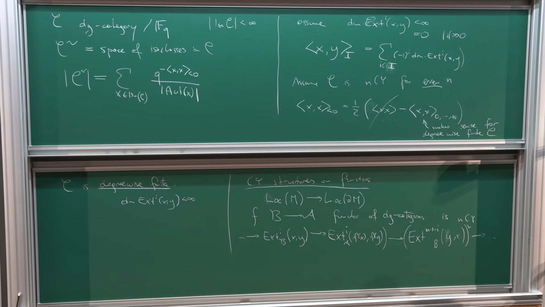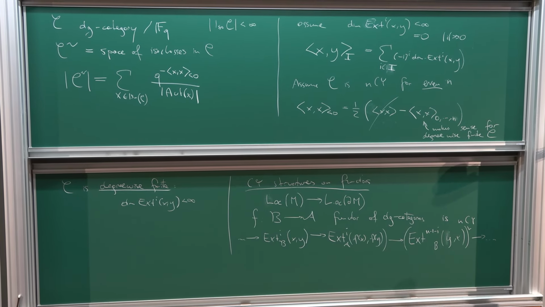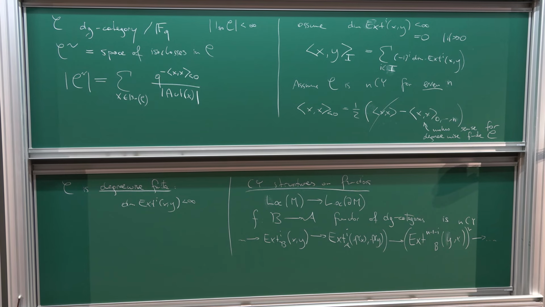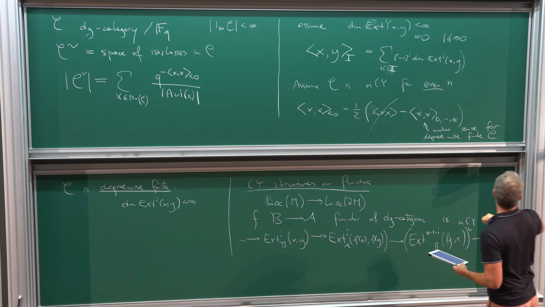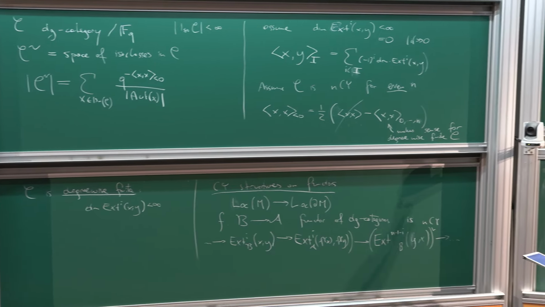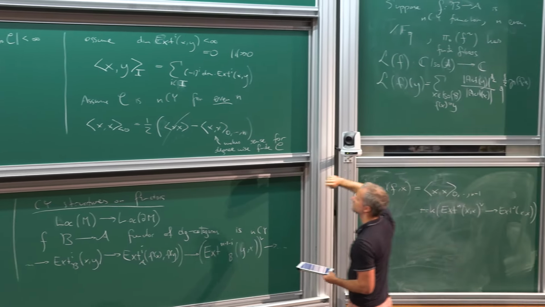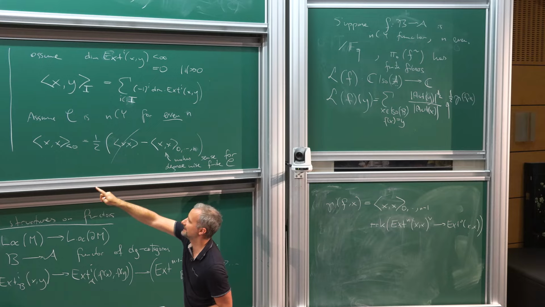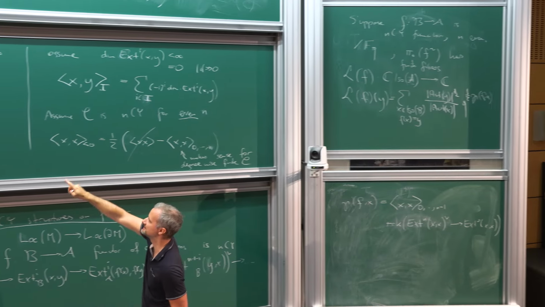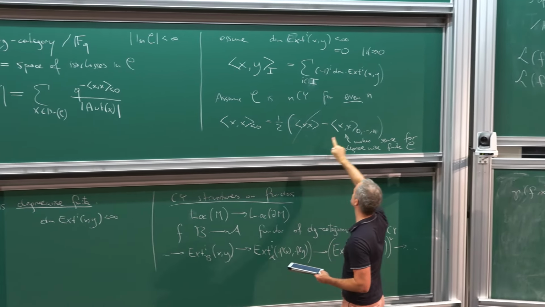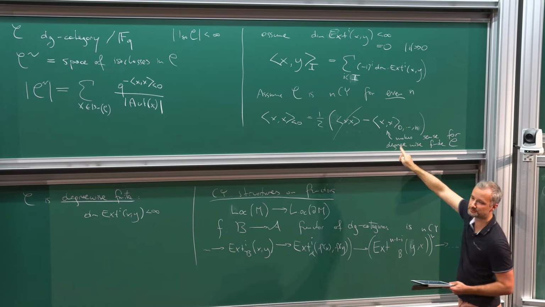So you derive it by repeating what I did in the absolute case. In the special case where A is 0, then it's really just rewriting this, but the exponent instead of being the sum over negative Ext groups becomes this term here.